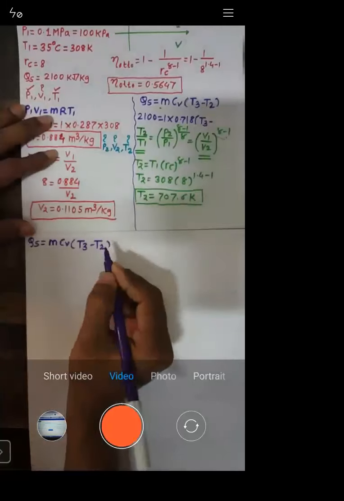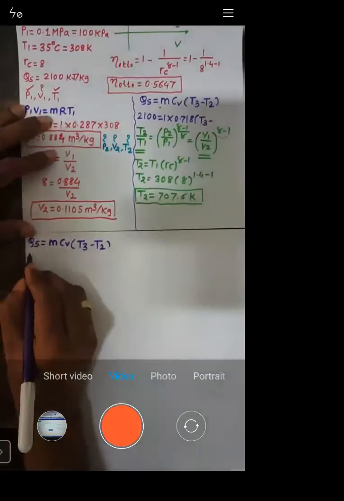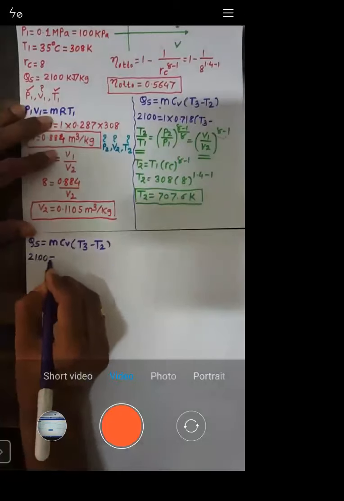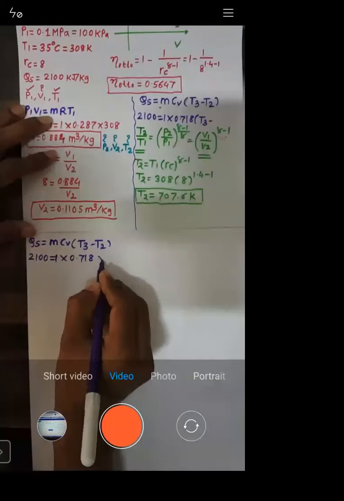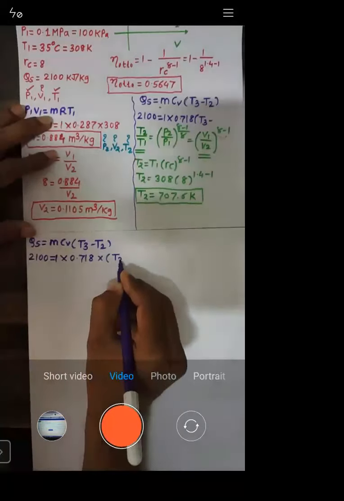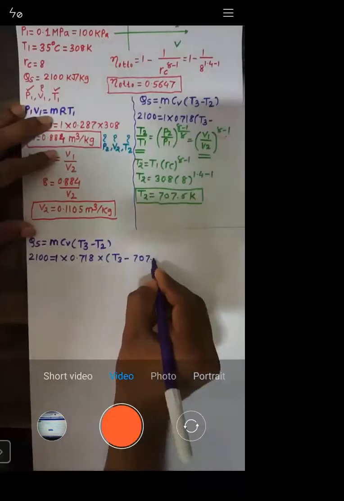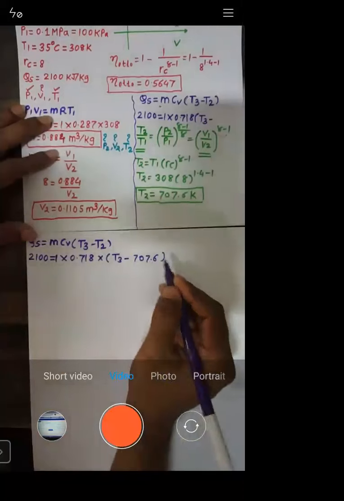So 2100 is equal to mass 1, CV 0.718, and T3 we are supposed to calculate. Let us calculate T3.